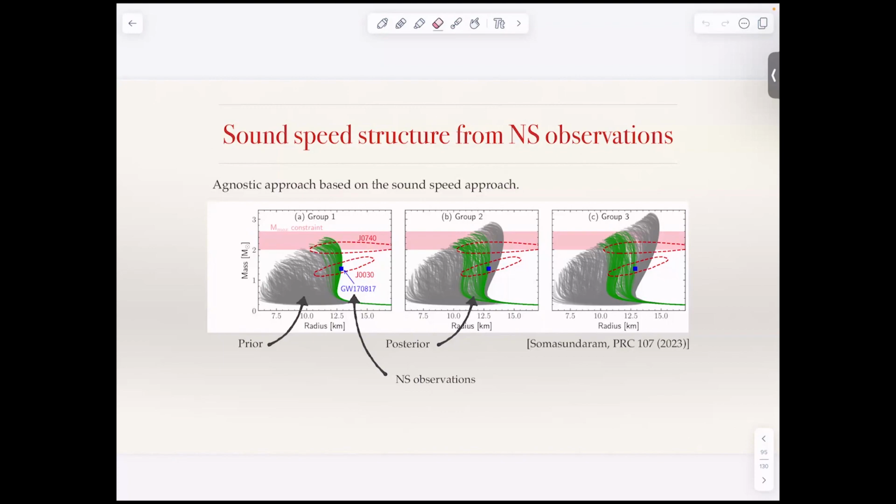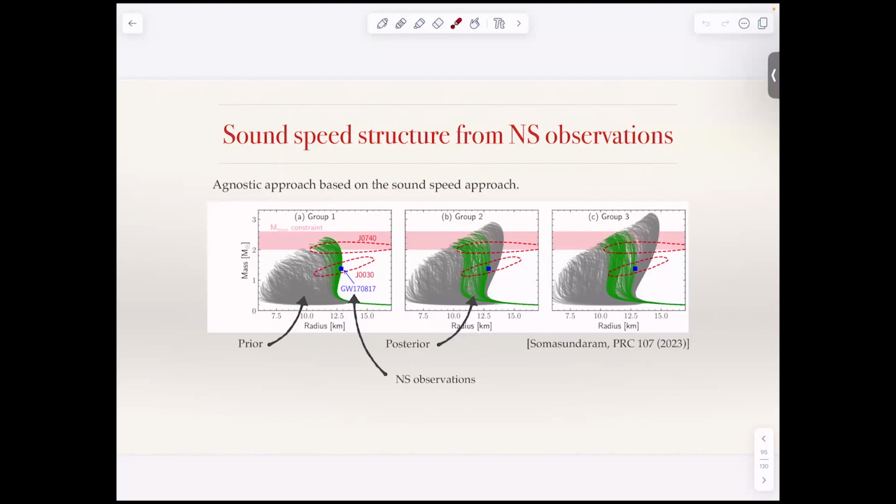And then finally, we have this gravitational wave data from 1708-17, which was provided in terms of tidal deformability and is given here in mass and radii. So it is mapped from tidal deformability to mass and radius.